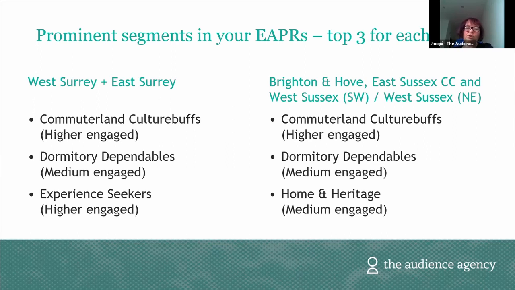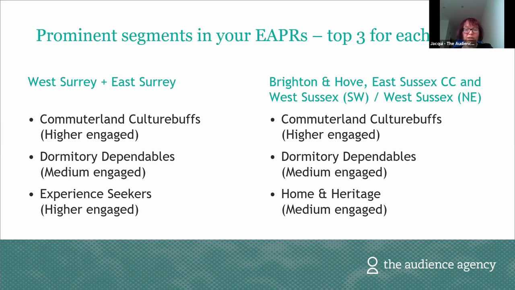So already you can see that there are some groups who are dominant in the southeast region, and you'll see that reflected also in the base population in the area profile reports. So the most prominent segments across the southeast as a whole are community and culture buffs and dormitory dependables. But each area has a distinct profile, so you can see there is a difference between the Surrey and the Sussex profiles. And then when you start to look at the ward level, you see even more significant differences.